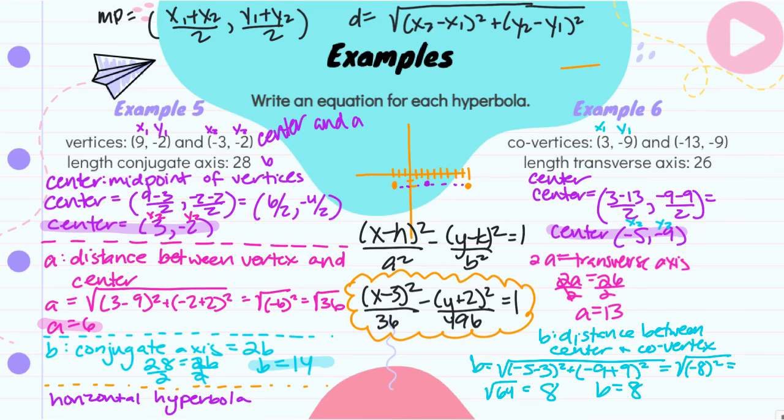And then the last thing is to determine if this hyperbola is horizontal or vertical. So for this, I need to do my sketch of the coordinate plane. Let me do a better sketch. That one's a little messy. So here we've got a covertex at 3, negative 9. Right here, and another one at negative 13, negative 9.